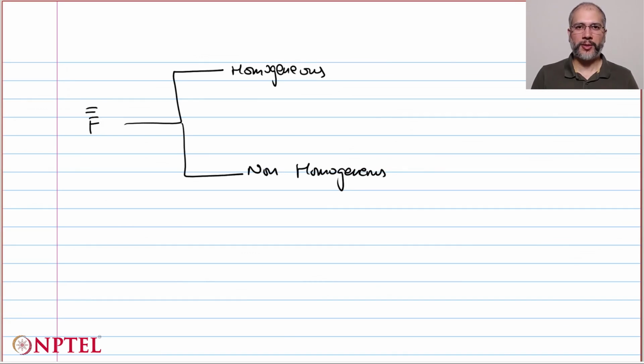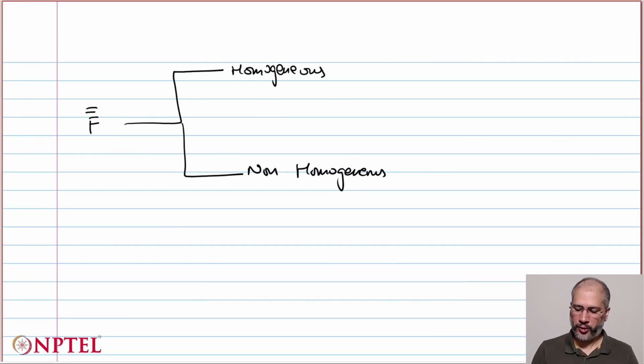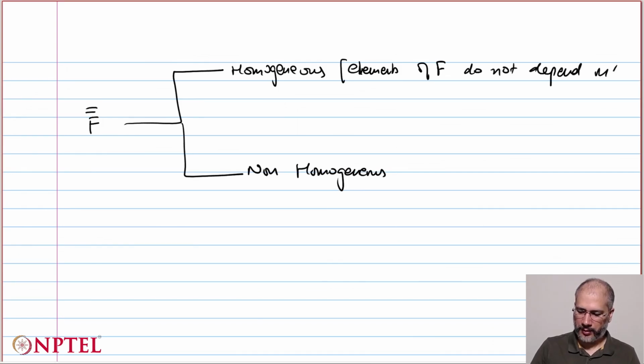And if there is stretching happening, that is also the same for all material particles in the undeformed configuration. So mathematically speaking, we can say that the elements of F do not depend on x coordinates.